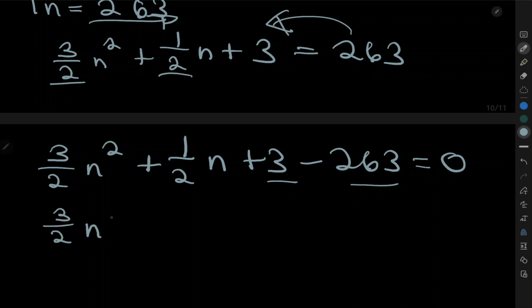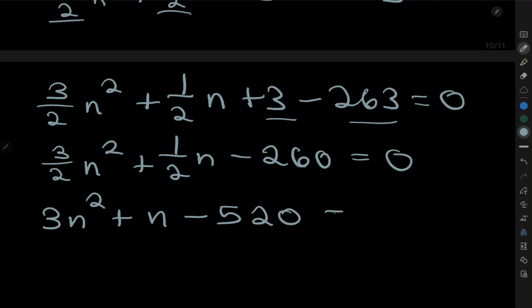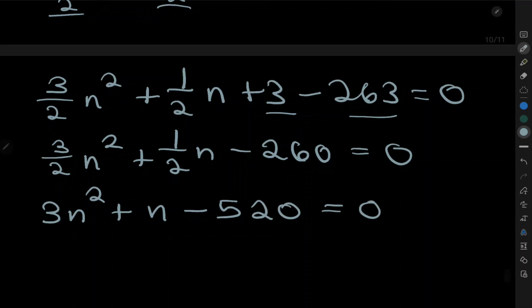And if I rewrite that, this is what I'm going to have: minus 260 equal to 0. So from here, I'm going to multiply everything by 2, and I have 3n squared plus n minus, and this multiplied by 2 will give me 520.